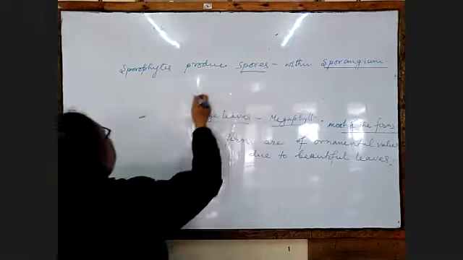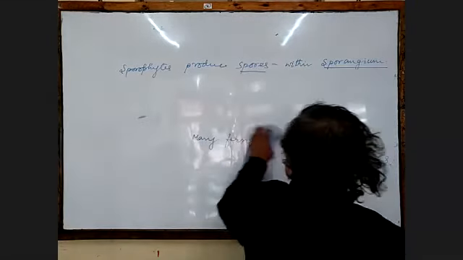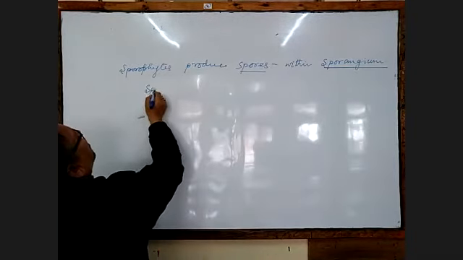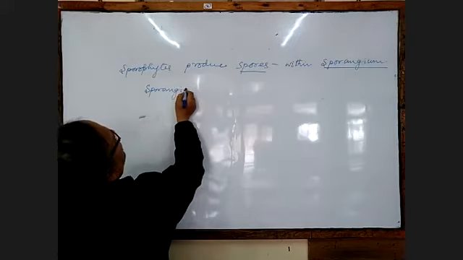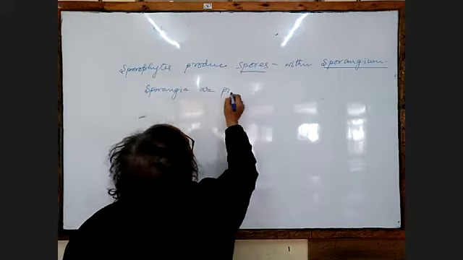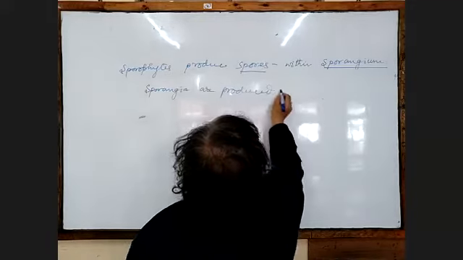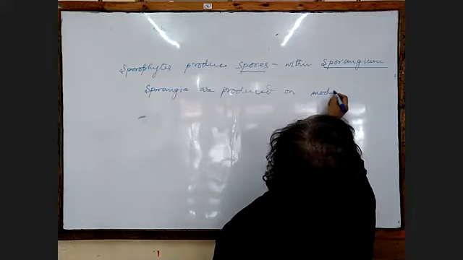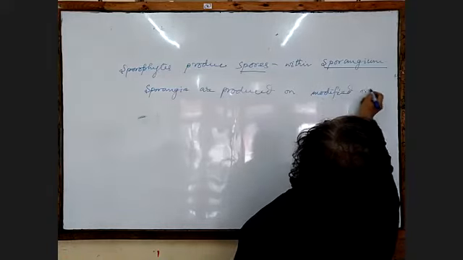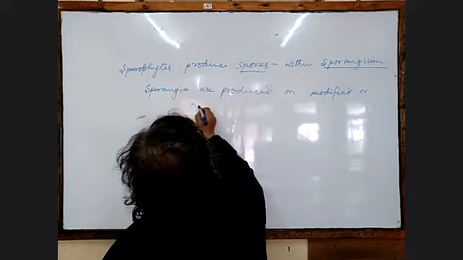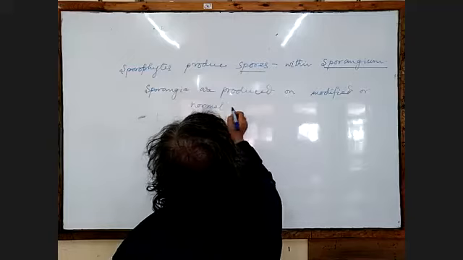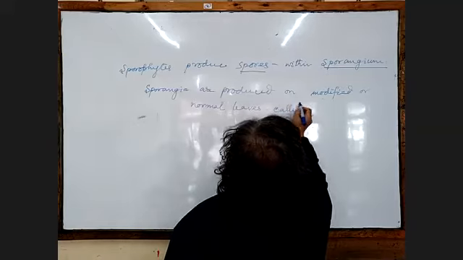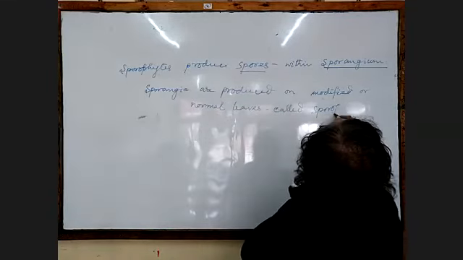The sporangia are produced on modified or normal leaves called sporophyll.